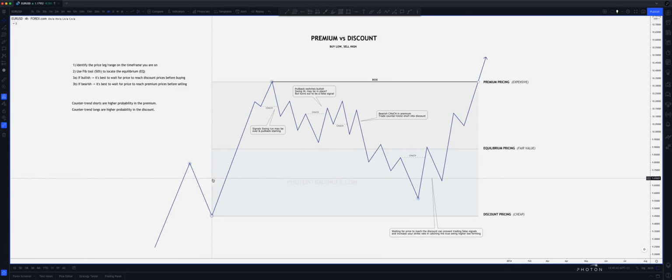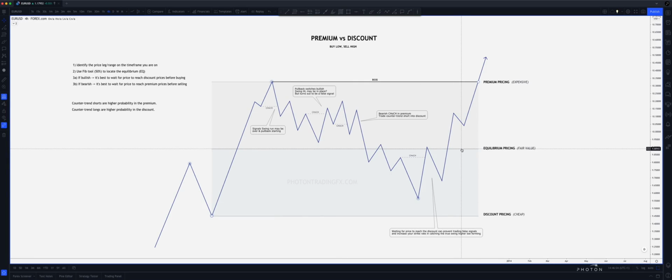So obviously the higher up in the leg, this is going to be the more premium pricing. This is where price is at higher levels, and what often happens is price likes to pull back past the equilibrium point. The equilibrium point is essentially the 50% level. It's the halfway point between the low and the high, and the idea is that at that halfway point, it's at complete fair value.